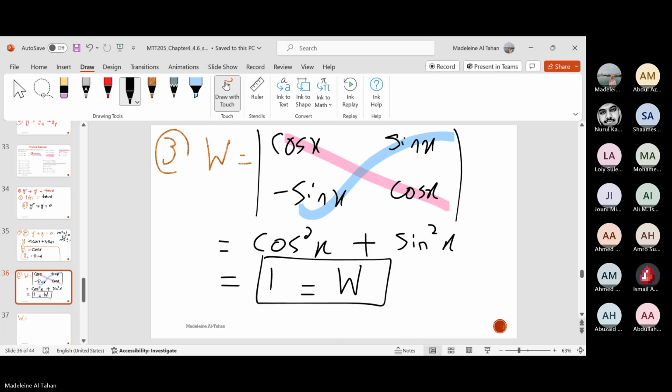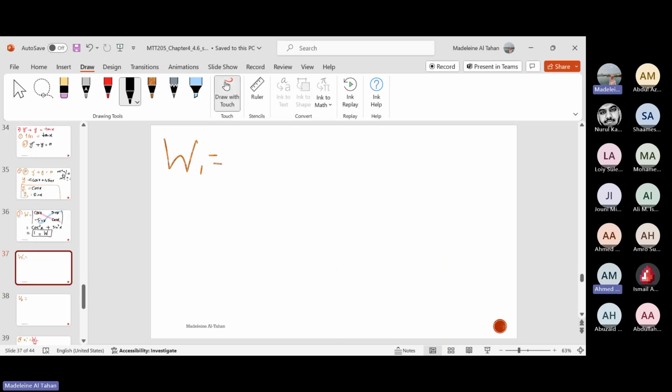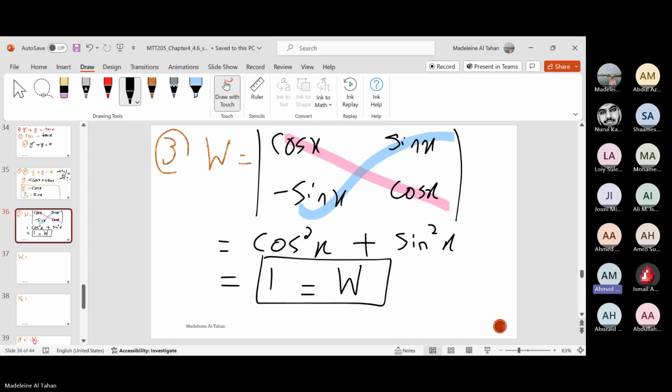Yes. Doctor, in step number 2, why don't we take it as cosine x and sine minus x? Wouldn't it be the same? Would it? What's sine negative x? Negative sine x, right? Yes.